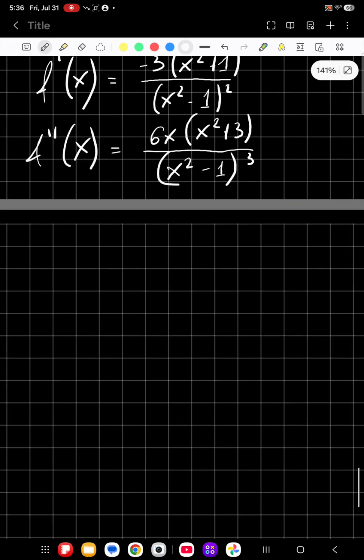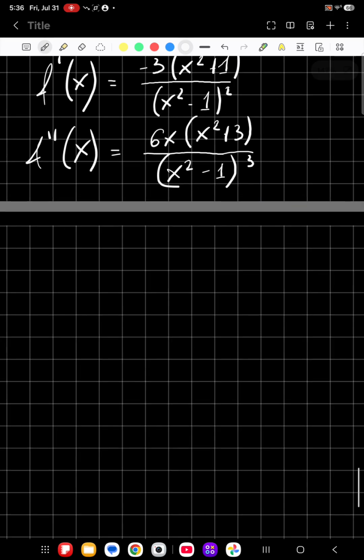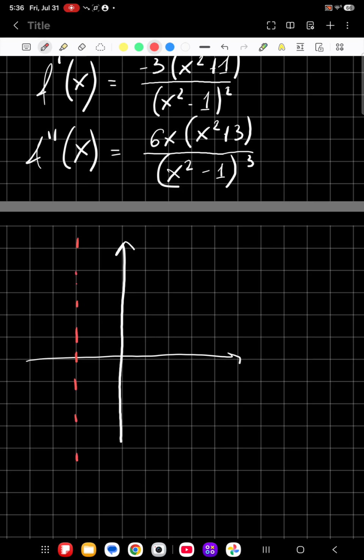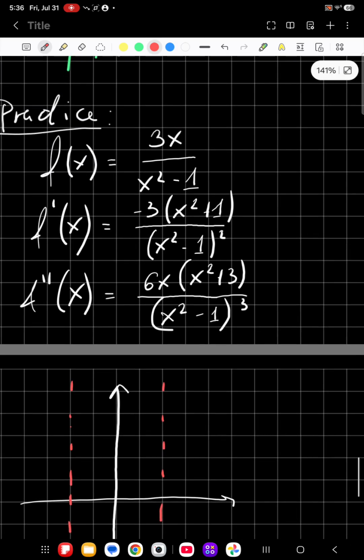Actually, maybe I'll show you the graph. I'm just going to sketch it. I'm not going to actually graph it. Two asymptotes, right? It's easy to see what they are. 1 and negative 1. So these are the vertical asymptotes. Is there a horizontal one?